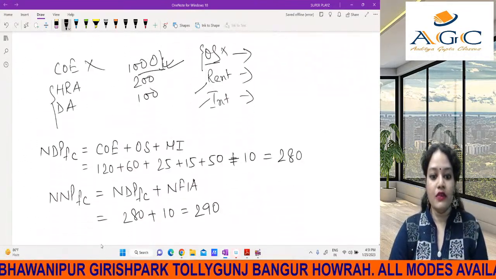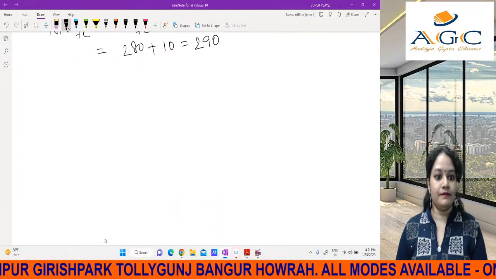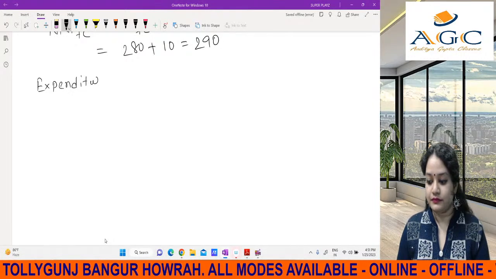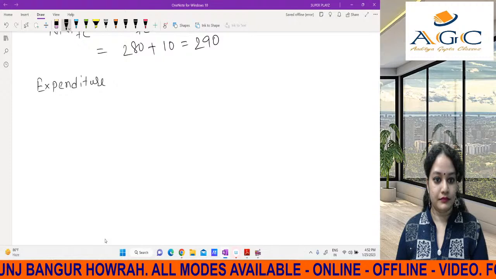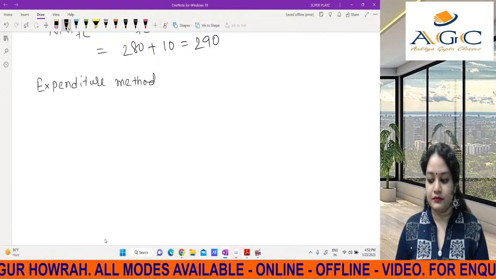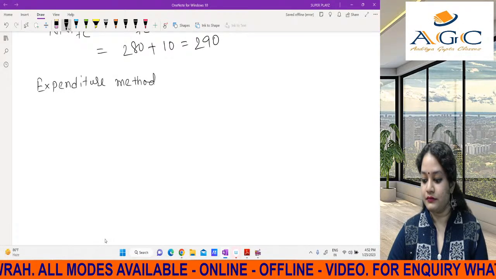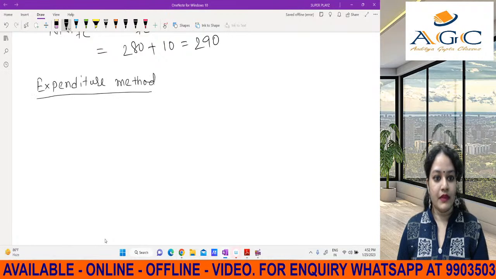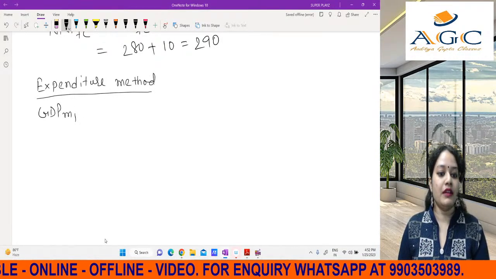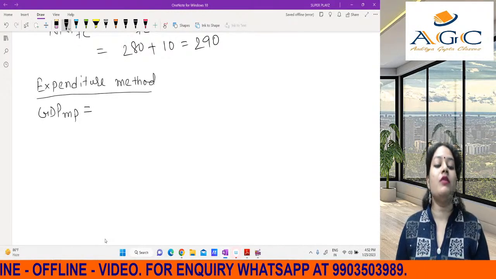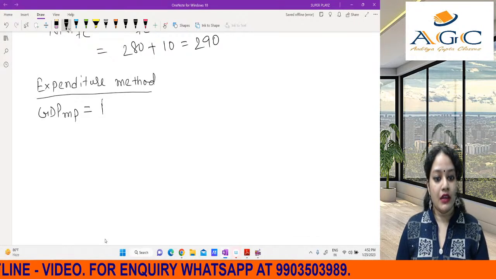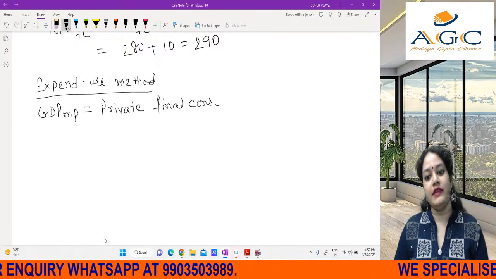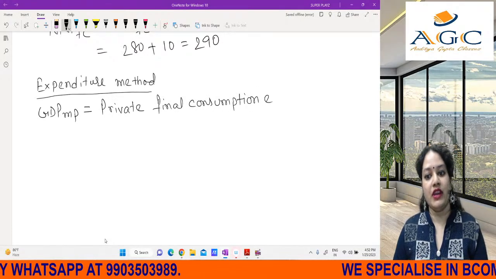Okay. Now we will be going to our expenditure method. So the first step for expenditure method would be to get our GDP-MP. What is the formula for GDP-MP? The formula for GDP-MP would be private final consumption expenditure, right?